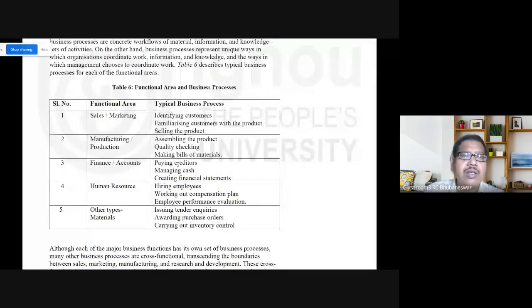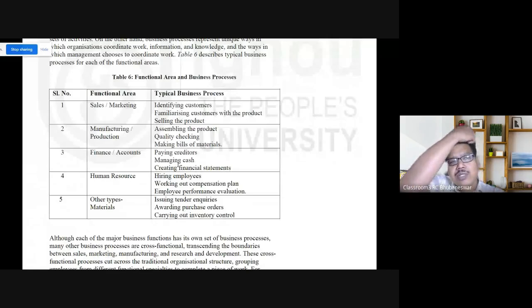Now you can see the functional areas of the business process will meet different typical business processes. Sales and marketing: identifying the customer, familiarizing the customer with the product, selling the product. Manufacturing: coming to the assembly of the product, quality checking, making the bills.